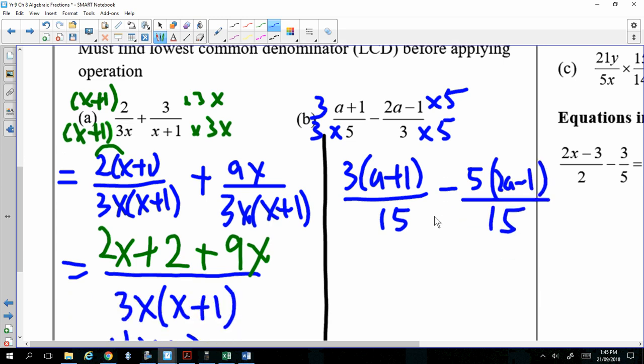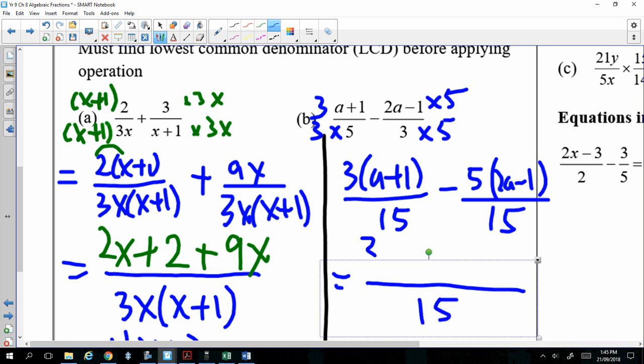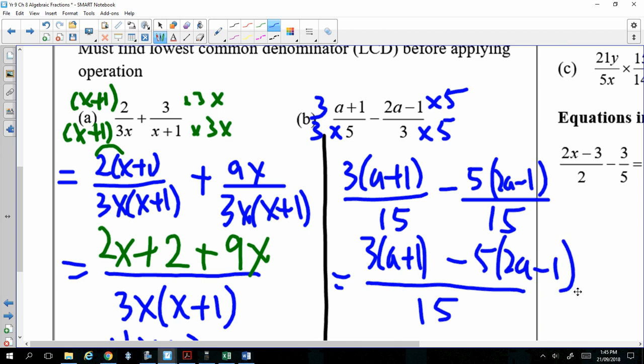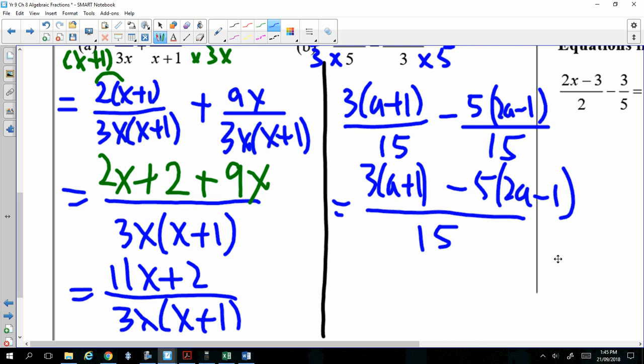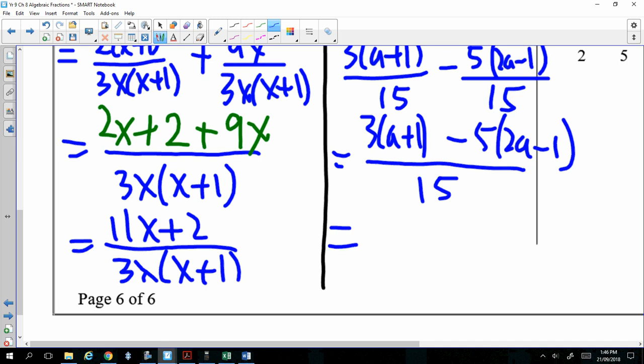So now they have the same denominator. You write 3 bracket a plus 1, minus 5 bracket 2a minus 1, over 15. And you need to expand. So you get 3a plus 3 minus 10a, and then double minus is plus.